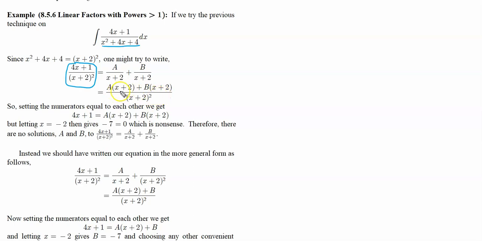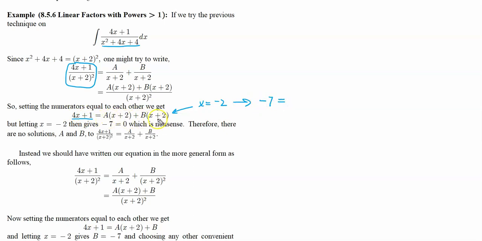And now, of course, you would set 4x plus 1 equal to a times x plus 2 plus b times x plus 2. Now you'll notice if we try to solve for a and b by picking a strategic value for x like -2, we end up with a nonsense statement. So taking this equation, if I let x equal -2, the left-hand side is going to be -7, right? -8 plus 1.